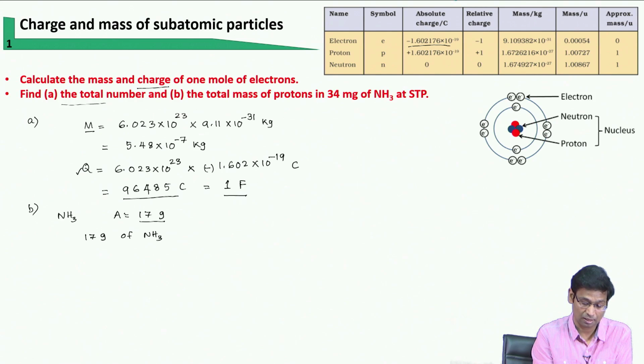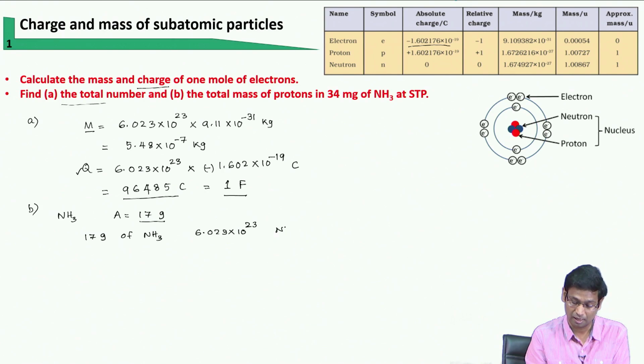This is a molecule, so this is the molecular mass of ammonia. 17 gram of ammonia contains 1 mole of ammonia molecules, 6.023 × 10^23 ammonia molecules, because this is its molecular mass.